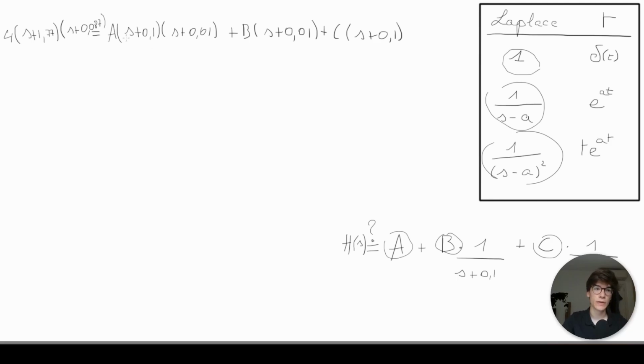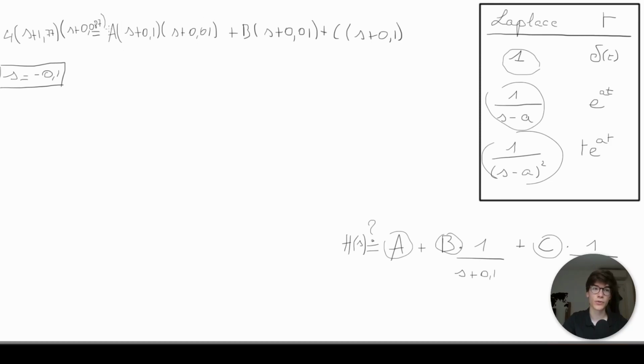Now what we're going to do is fill in a couple of points, like s equals 0, s equals 0.1. It can be literally anything, but you can save yourself some time by choosing the points wisely. Let's take, for example, s equals negative 0.1. If we fill this in, in the right-hand side, we see that this factor becomes 0, so everything here becomes 0.